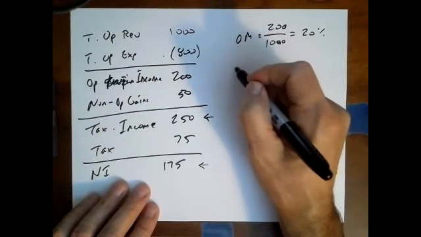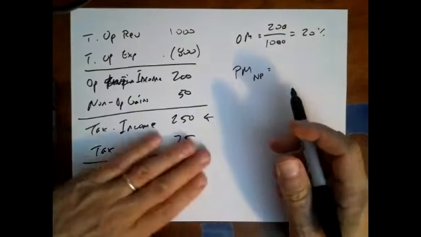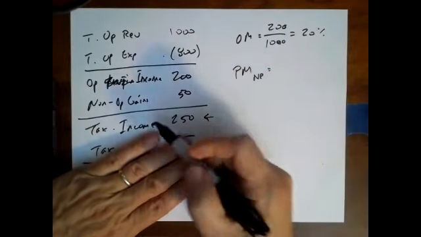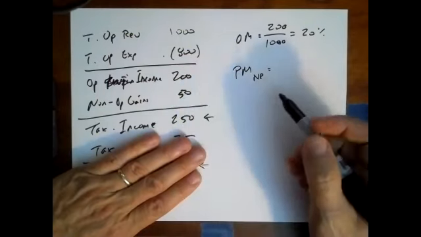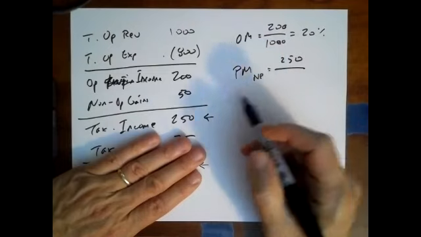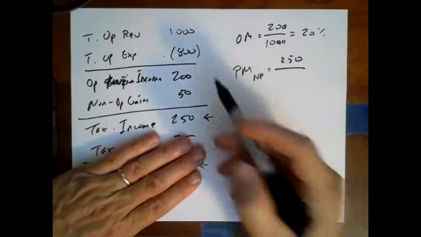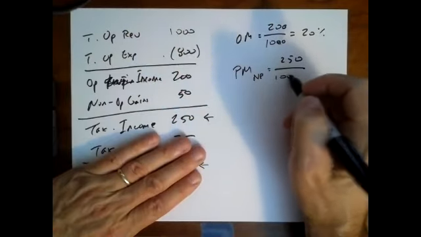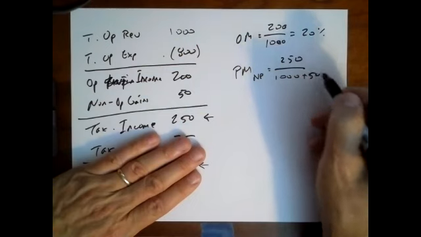So then the profit margin for the not-for-profit version would stop here, right? Because that taxable income would actually be the net income for the not-for-profit. So we'd have 250 over the total revenue for the organization. The total revenue for the organization is the op revenue plus the non-op gain of 50.